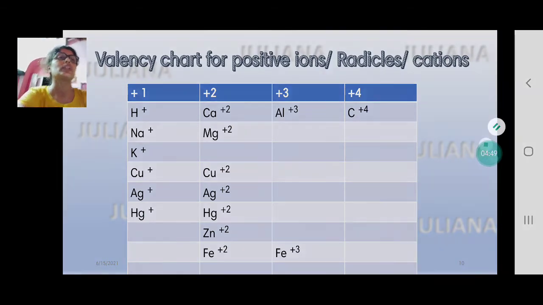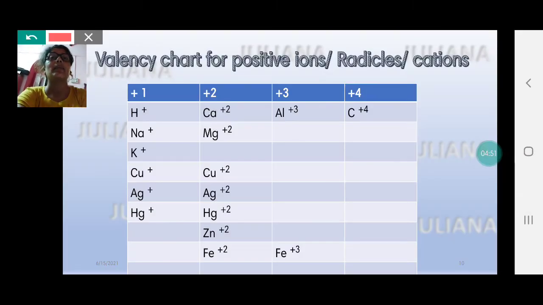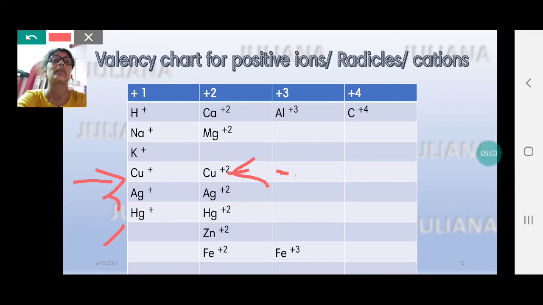Now what you notice here is some of them have variable valency. Copper can be +1 and at times +2. Silver can be +1 and +2. Mercury can be +1 and +2. Iron can be +2 at times and +3.